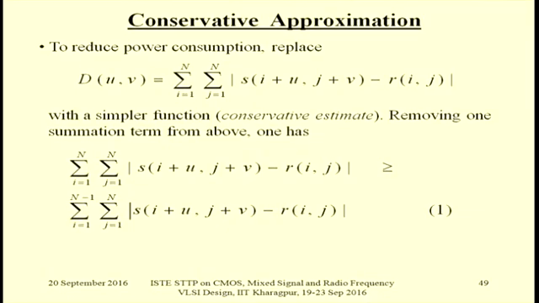What we do is remove one summation term from the above. Right? So that means here, from the outer summation, if you make this upper limit go to n minus 1 rather than n, okay, then this is definitely greater than this, because one summation we have taken out.